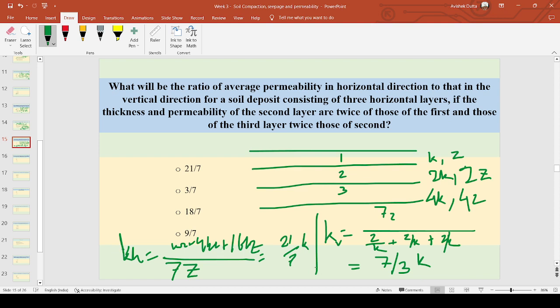Right? Now we find out the ratio. Ratio of Kh to Kv. It will be how much? 21 by 7K into the reciprocal of 7 by 3K, that is 3 by 7. 7 into 3, 21. 3 threes are 9. So you get 9 by 7.